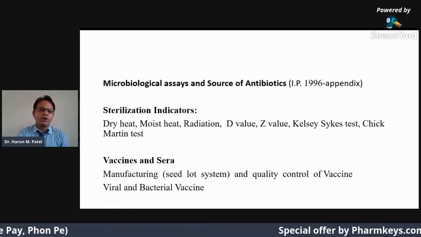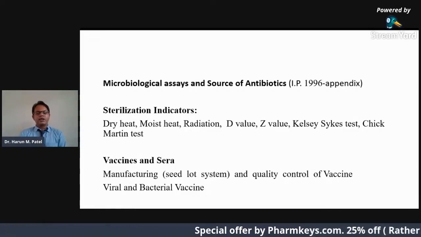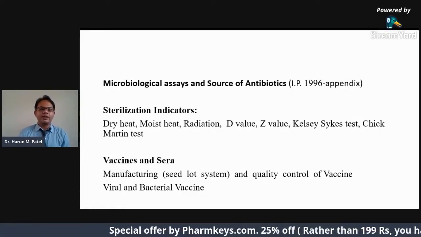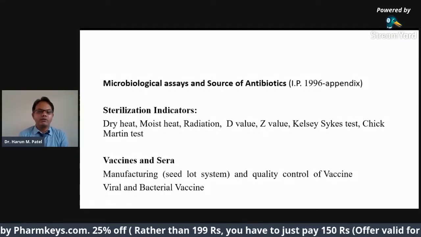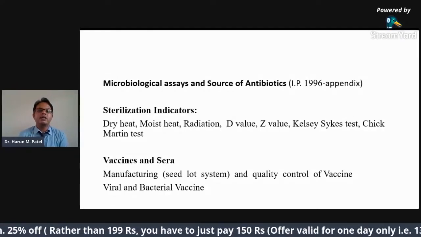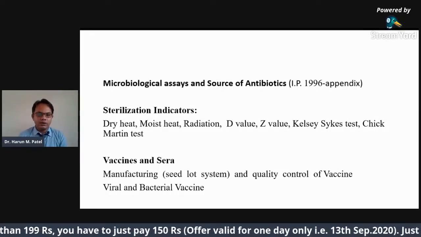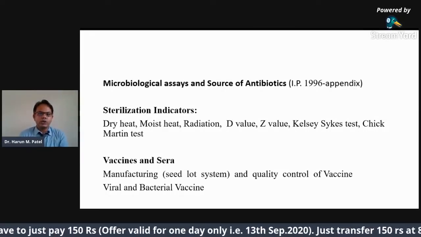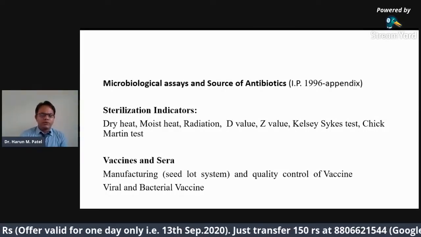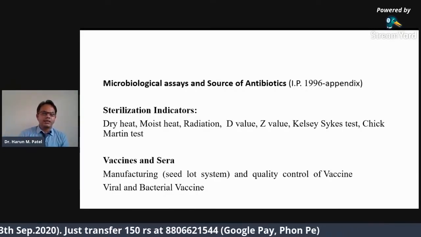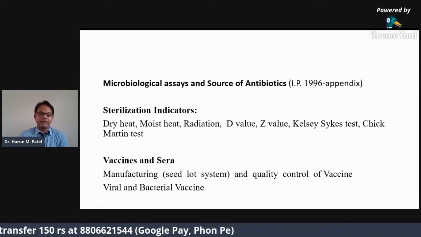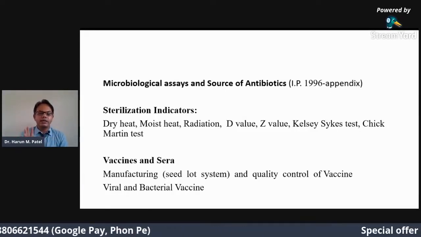The next important topic in microbiology is vaccine and sera. Every year there is a question on vaccine, and right now we are facing a pandemic problem, so I can predict that there will be a question on vaccine and sera in the next coming GPAT examination, that is 2021. The first important thing in vaccine and sera is that there are 8 to 9 stages given in the manufacturing of vaccine, and that method is called the seed lot system.